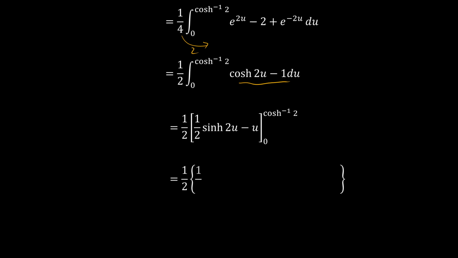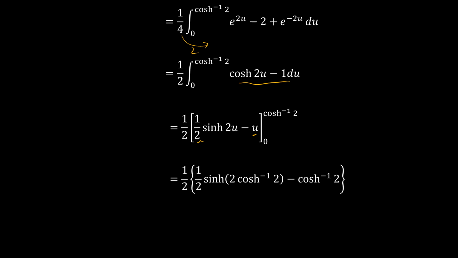That becomes a half, open bracket, half of hyperbolic sine of twice the arc hyperbolic cosine of 2, minus the arc hyperbolic cosine of 2.